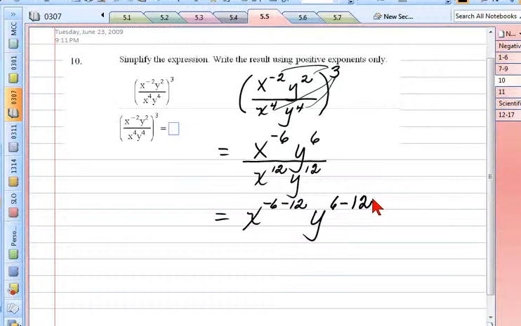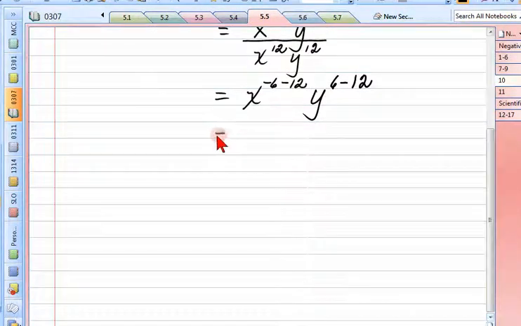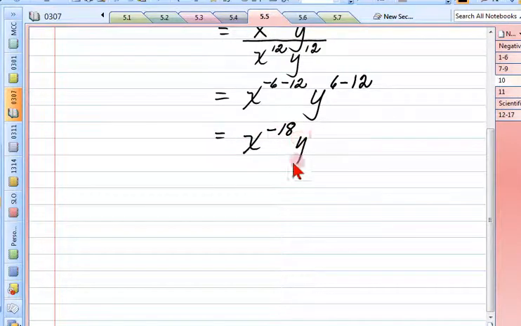Always the top exponent minus the bottom exponent. So what does that give me? x to the negative 18, y to the negative 6. With the x's, they were both negatives, so I added and kept it negative. For the second one, it was a positive and a negative. I subtracted and kept the sign of the larger.